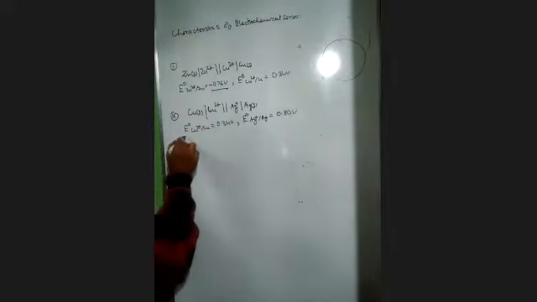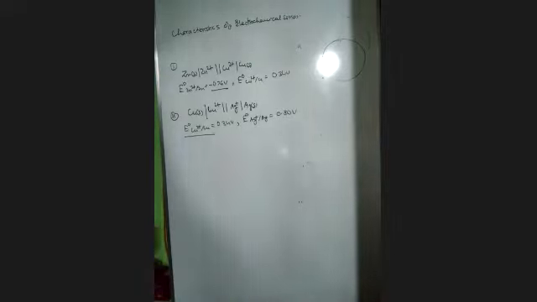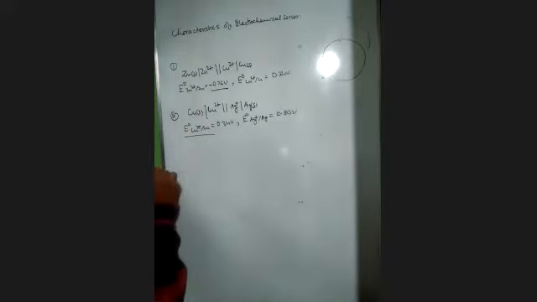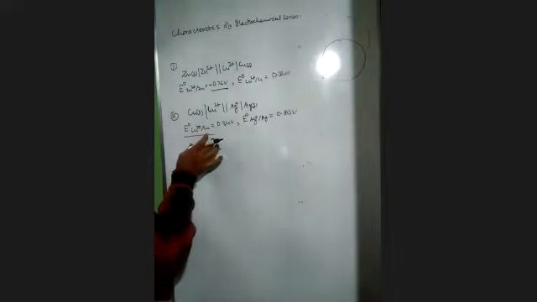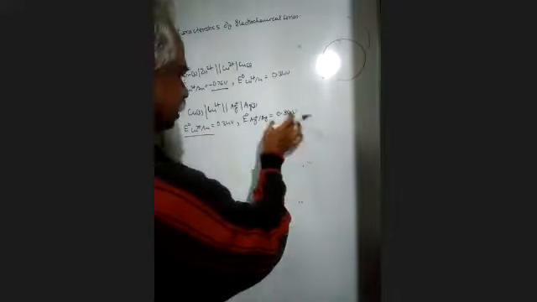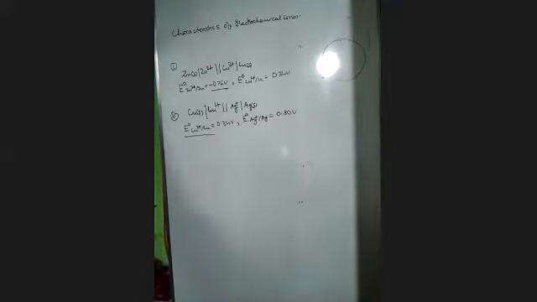See, in this case you will find this value is lower and this value is higher. So it is acting as an anode, and this is acting as a cathode. So what we can say?